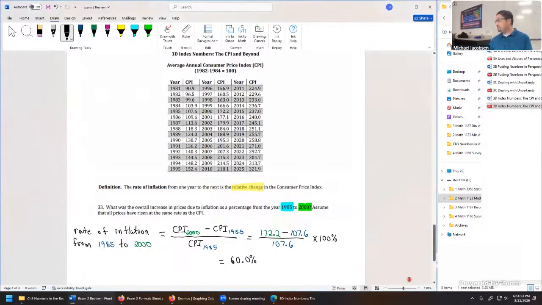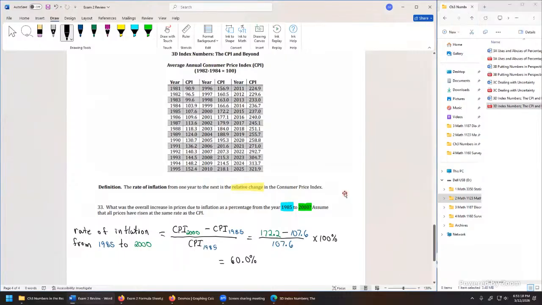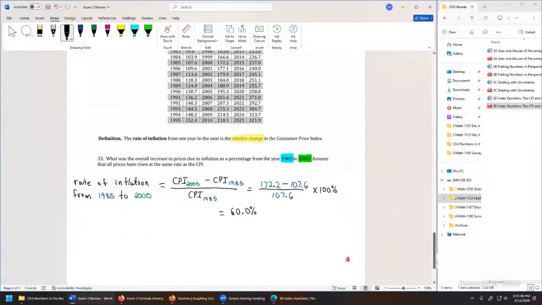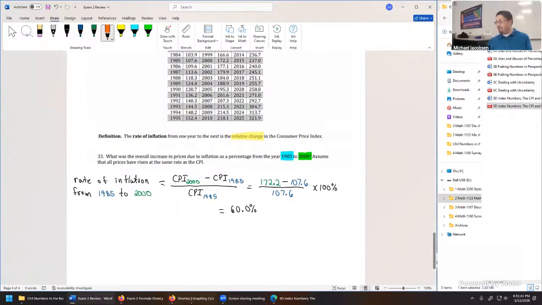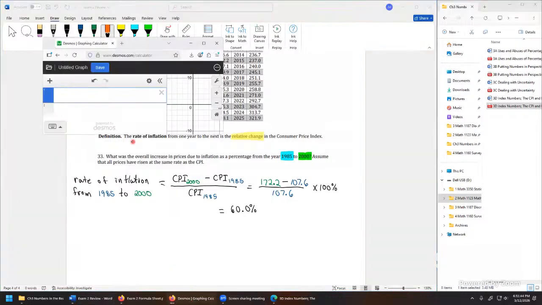But other questions at the moment? I think I got the same answer, and that was because in my calculator, instead of subtracting the 107.6 from the 172.2 first, I just did it all together at once, and then it gave me the same. Yeah. So when I subtracted first and then did the division and then the multiplication, oh, gotcha. I don't know why my calculator has been doing that, but I've been having troubles with the APR too because of all the calculations.